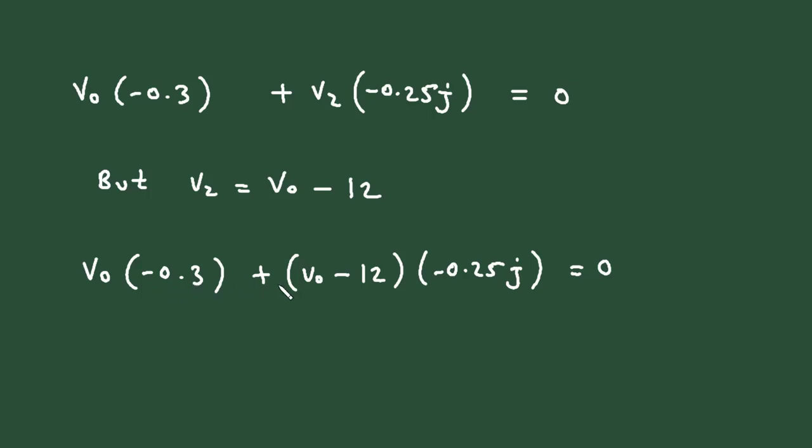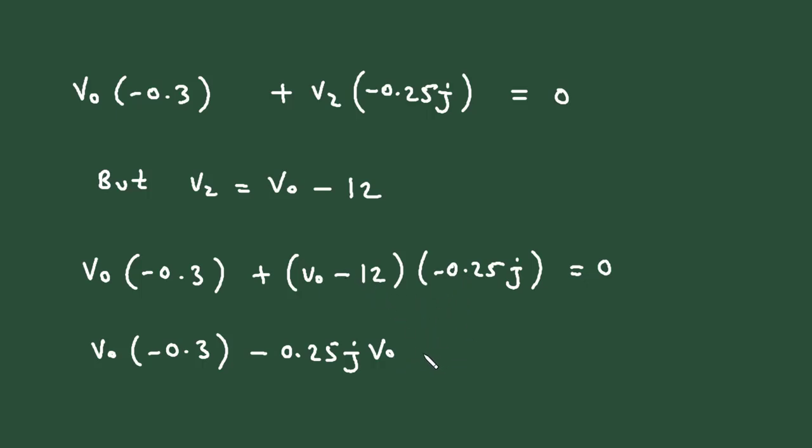Now let's simplify this again. So it will be VO in bracket minus 0.3 plus, then this VO multiplied with this, minus 0.25j VO.